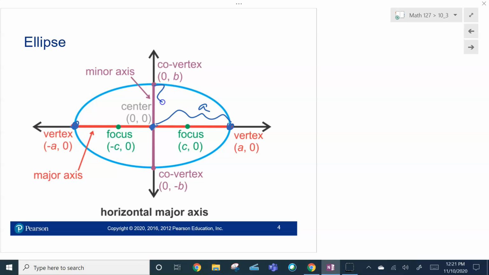The distance from the center to a co-vertex is b. The distance from the center to one of these focus points is c. Again, this is our major axis because it's elongated horizontally. This is our minor axis. When it's elongated horizontally, the minor axis is vertical.